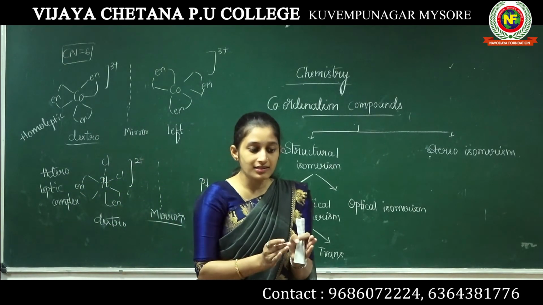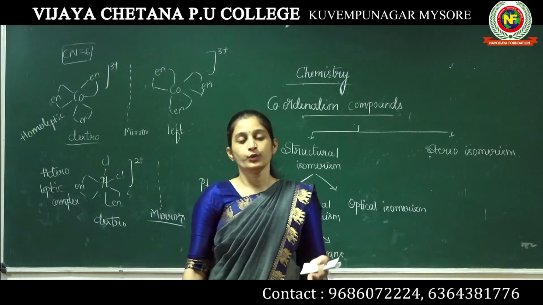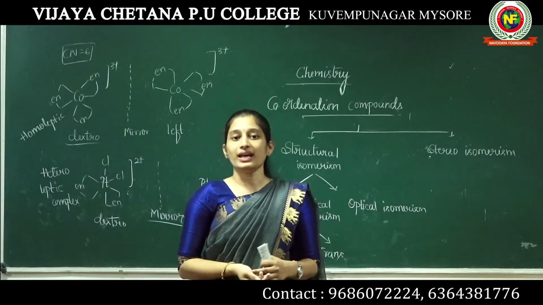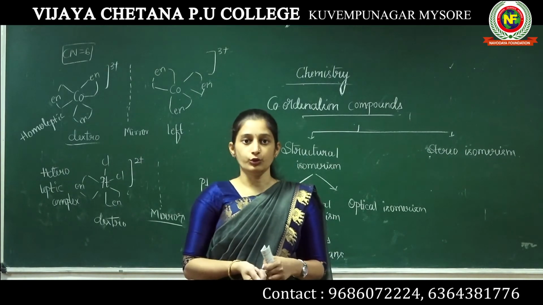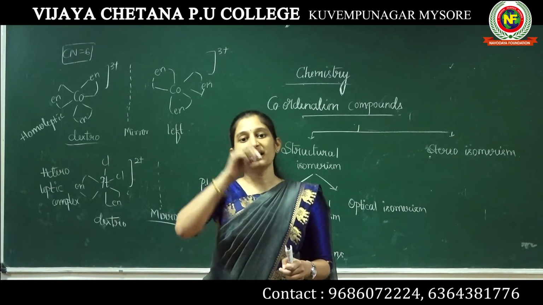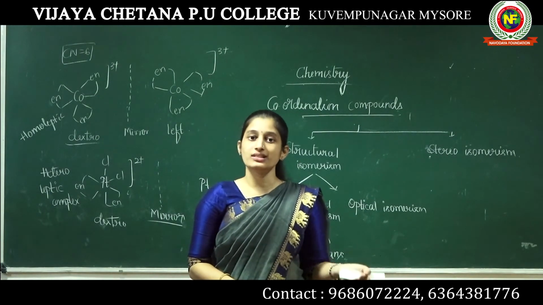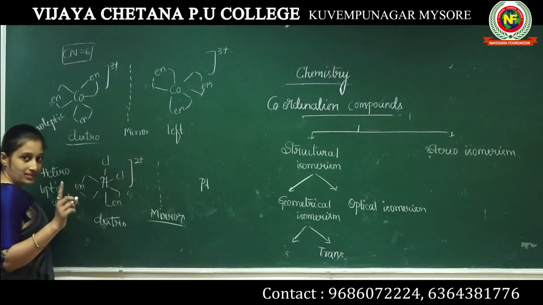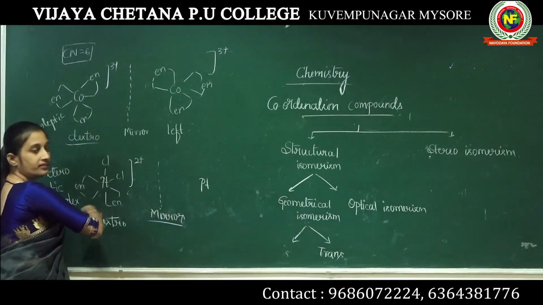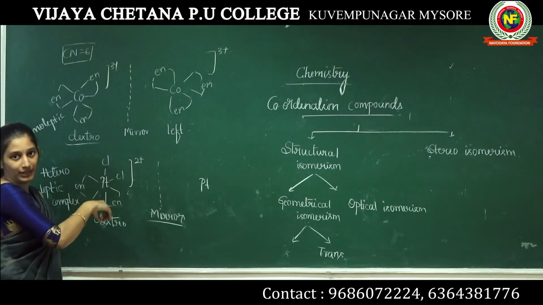Simply by seeing the example, I can't say this is dextro, this is levo. Through experiment only we can say this is dextro, this is levo, based on the rotation of light: towards right, dextro; towards left, levo. Here, see, always right opposite left. Mirror image is always opposite to the original image.